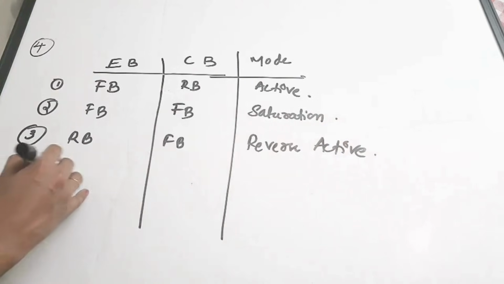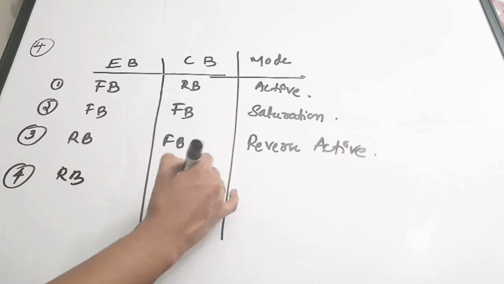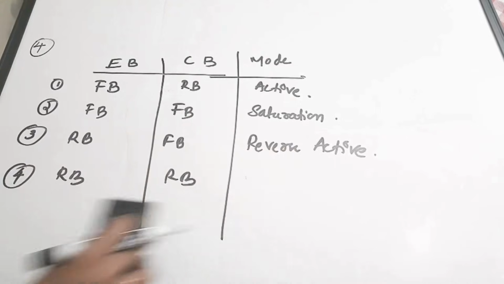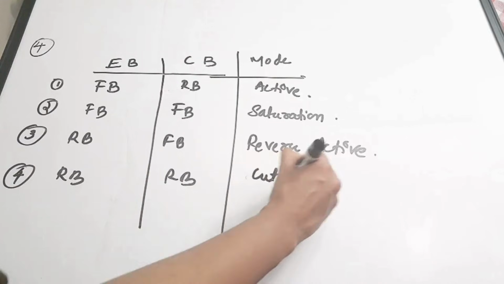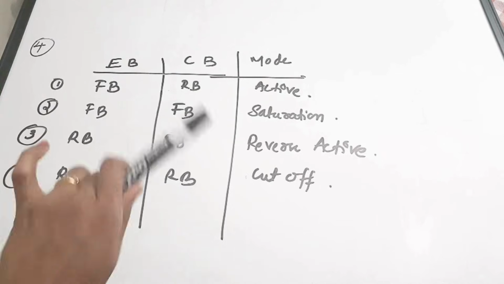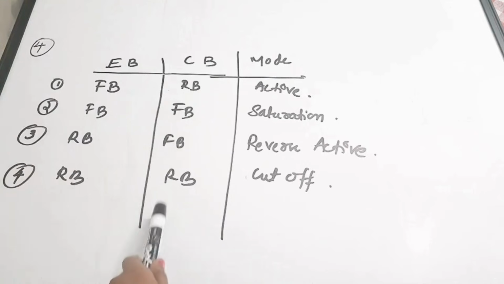Last case, when both the junctions are reverse bias, we call it saturation state. Sorry, it is called cutoff state. Cutoff. So these are the 4 modes of the transistor, or 4 regions of operation of the transistor based on the biasing of emitter base and collector base junction.